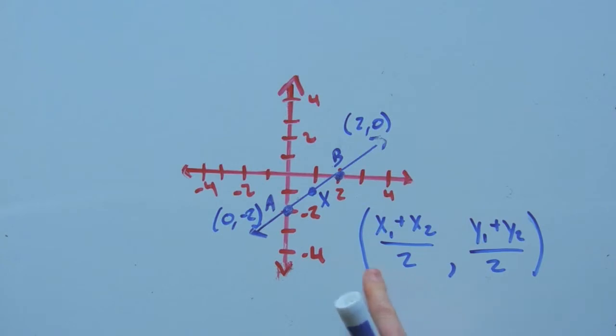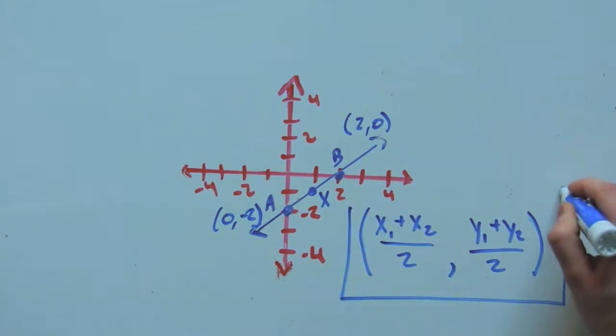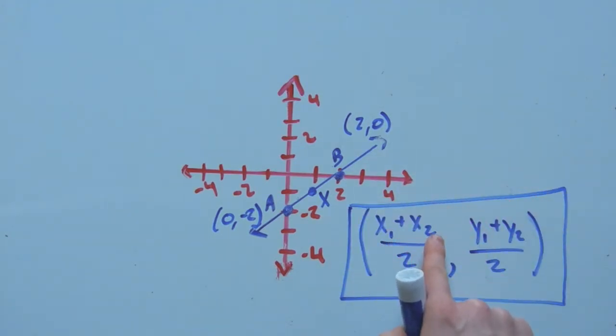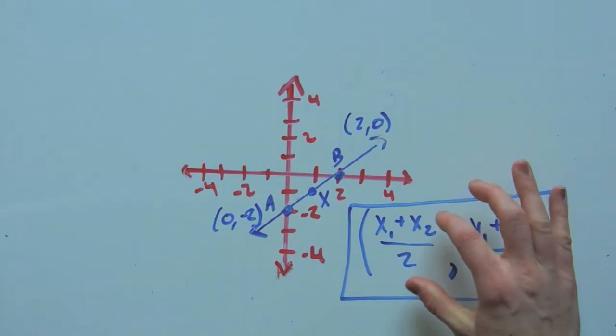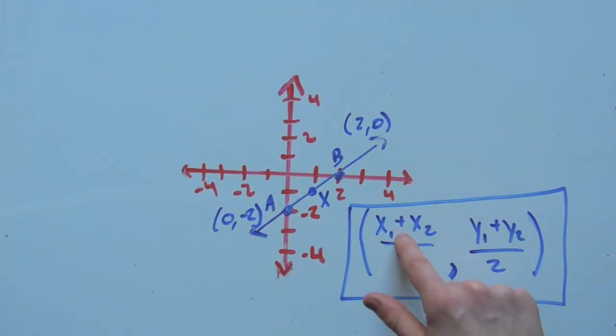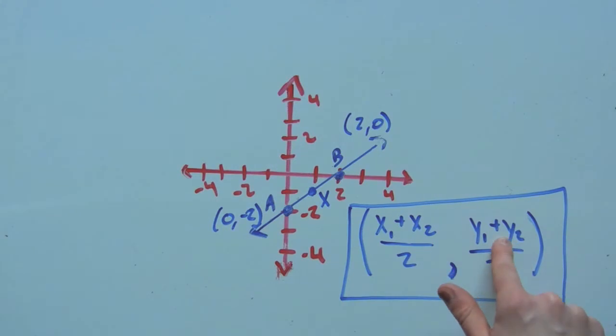So your midpoint is equal to the coordinate ((x1 plus x2) over 2, (y1 plus y2) over 2). Those are your new x and y values for your midpoint. This looks similar to the formula we used in one direction, (a plus b) over 2. But now we're doing two directions, so we have to calculate for the horizontal direction and the vertical direction.